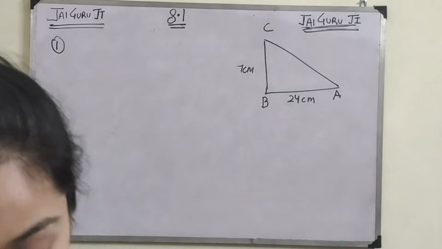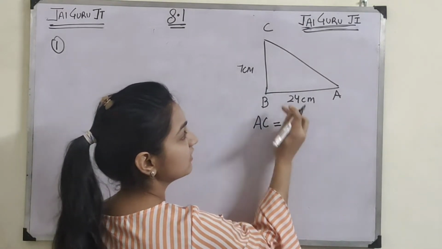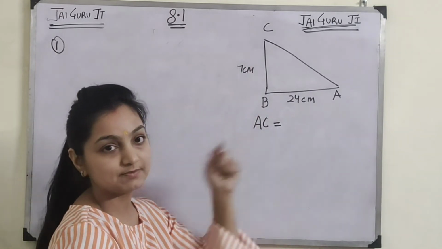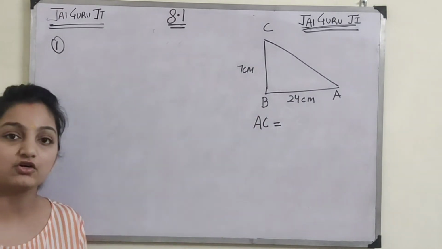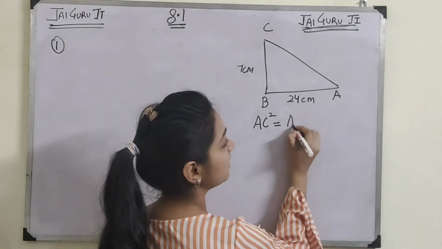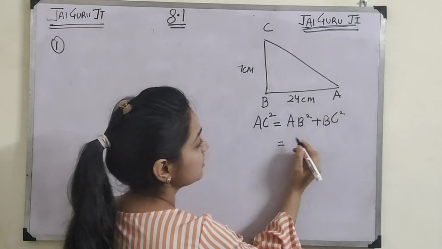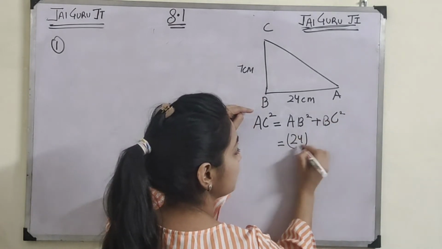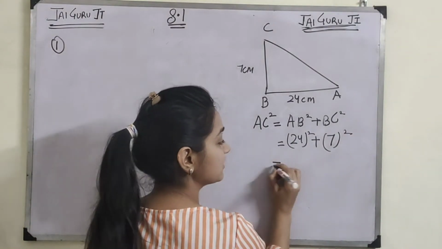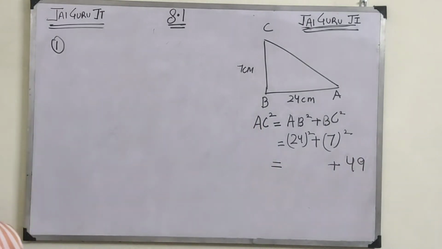How will you find out AC? By the Pythagoras theorem. AC, the hypotenuse, squared is always equal to perpendicular squared plus base squared. This you have already done in your previous classes in the Pythagoras theorem. So AC square is equal to AB square plus BC square. AB is given 24, that is 24 square, plus BC is given 7, 7 square. 7 square is 49. What is the square of 24?